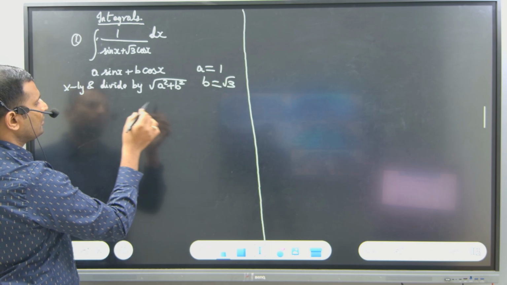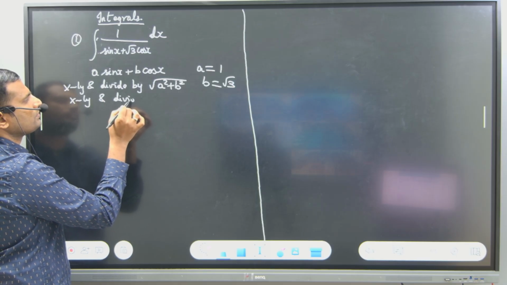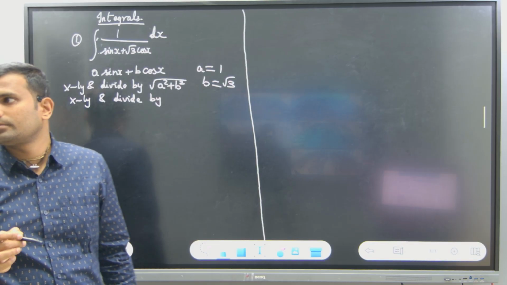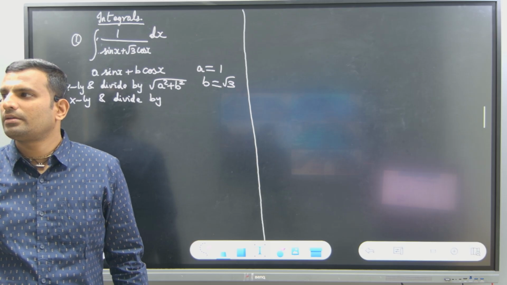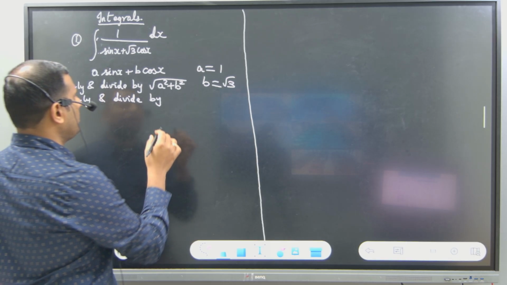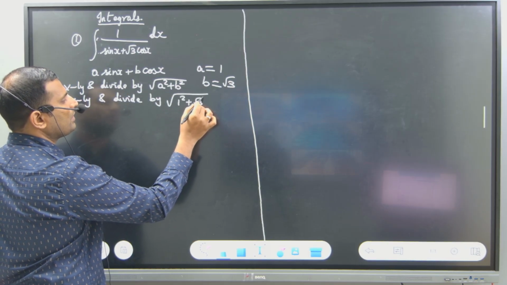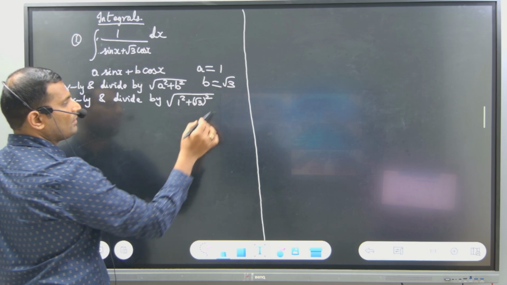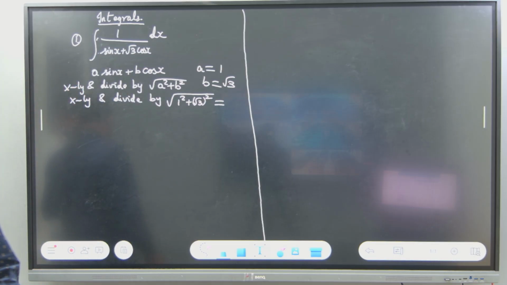So, you should multiply and divide by root of a square plus b square, isn't it? So how much will it be when you multiply and divide by root a square plus b square?